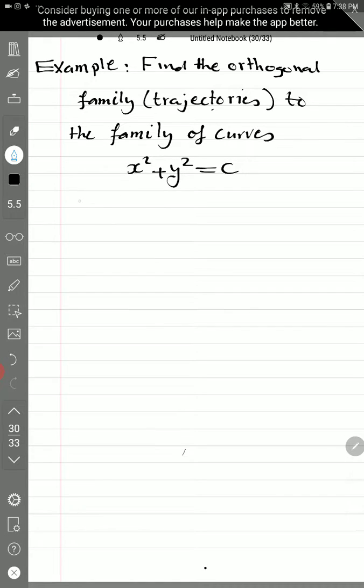So let's find the slope. 2x plus 2y dy over dx equal to 0. Now dy over dx equals minus x over y.